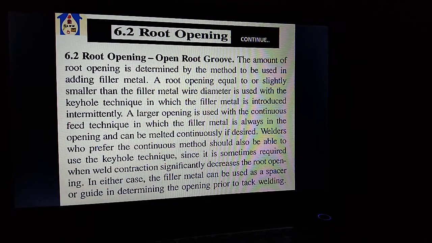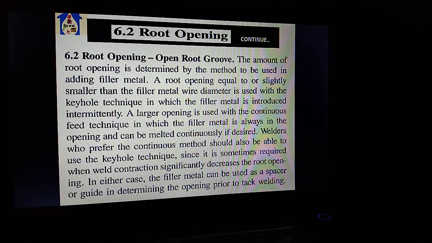Root opening. The amount of the root opening is determined by the method to be used in adding filler metal.